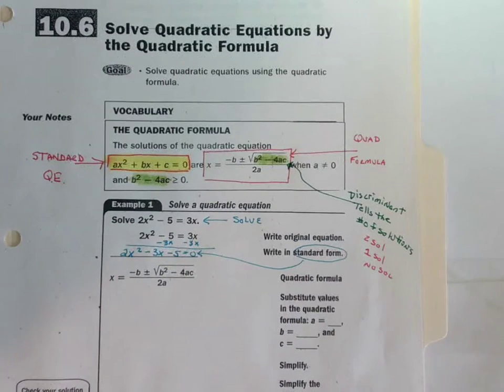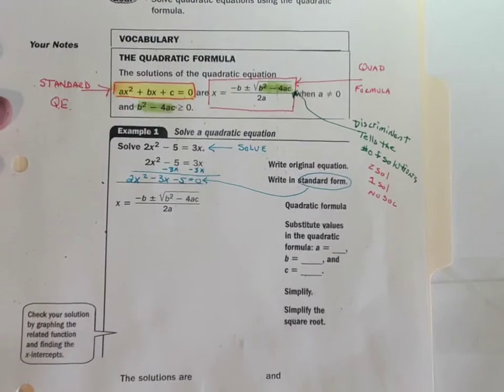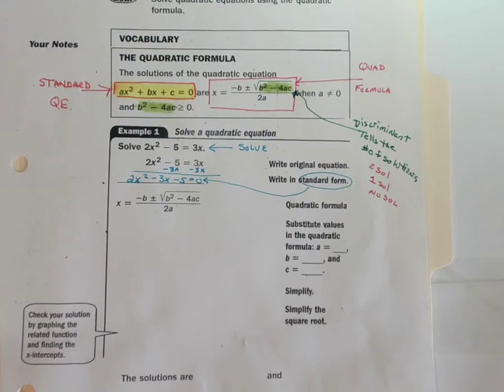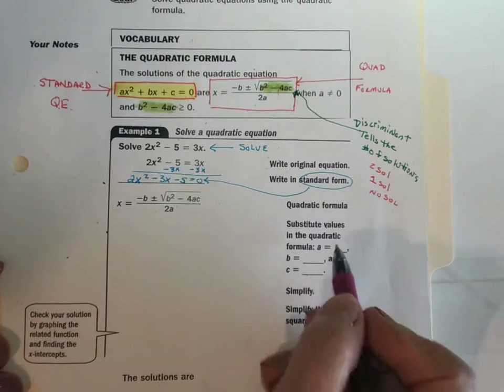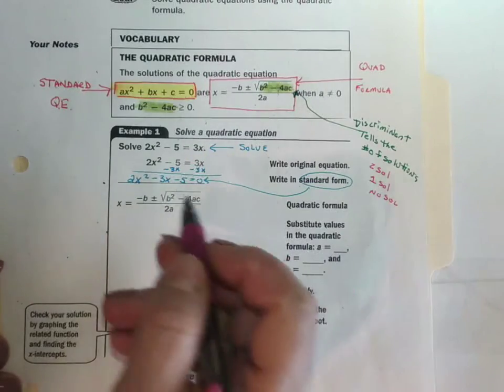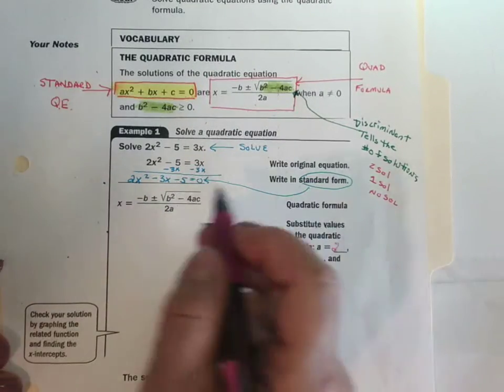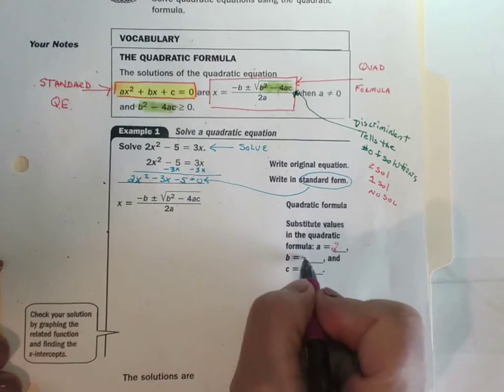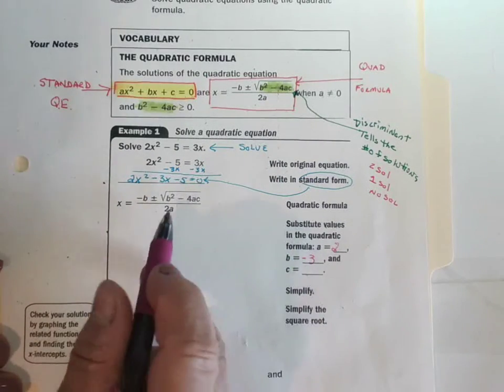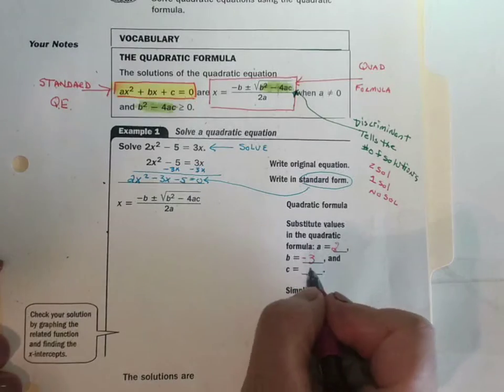I'll make this a little bit bigger. Now the first thing you want to do is identify what A, B, and C are. So A is 2, B is negative 3, and C is negative 5.